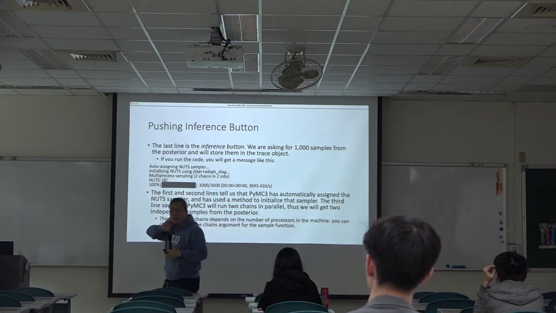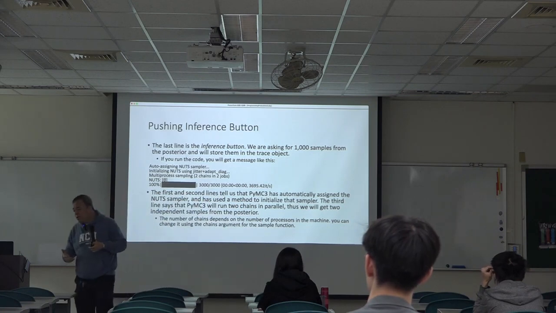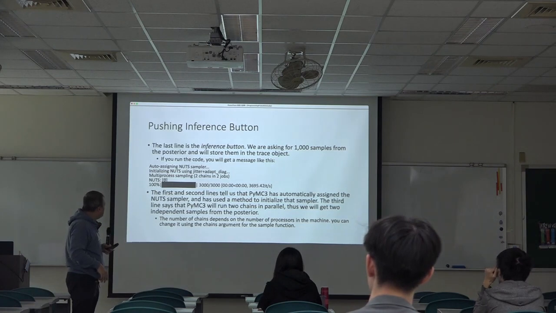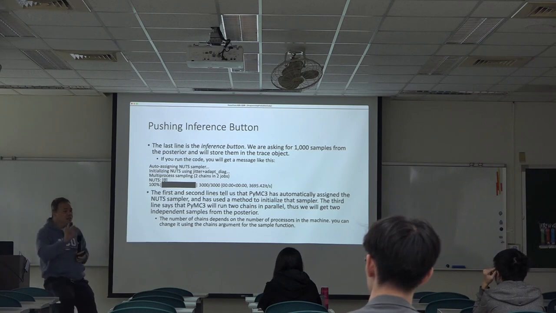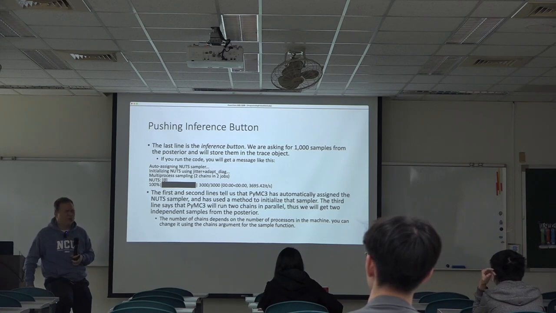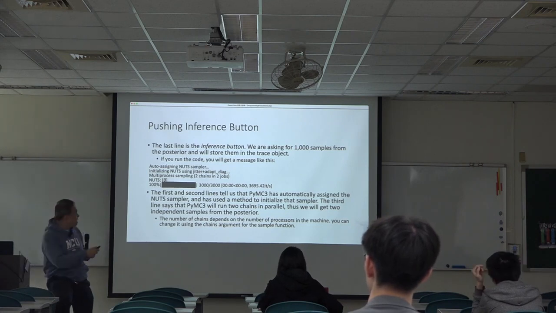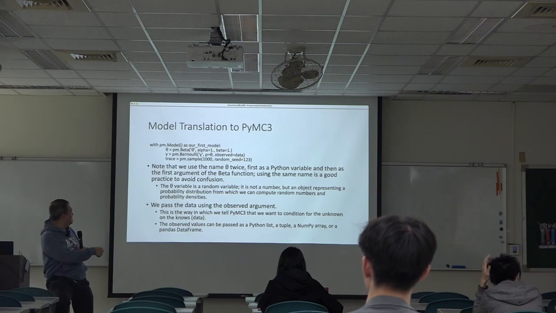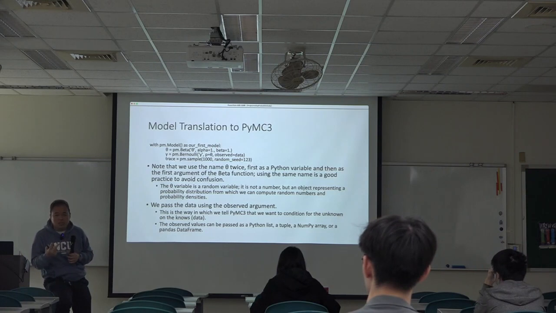It means this sampling actually collected 3,000 samples for you. But you may wonder, previously we said we want 1,000 samples, and because we have two chains, each with 1,000, it should have been 2,000. So how come it's 3,000?